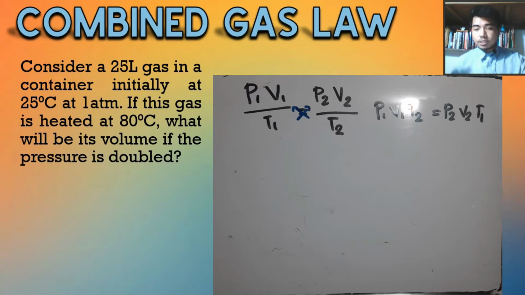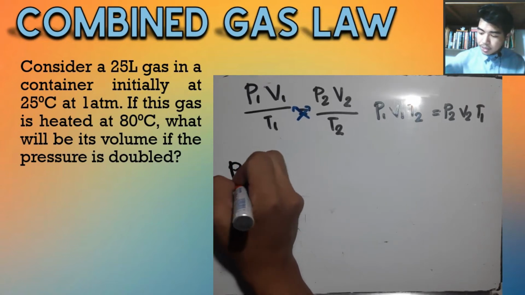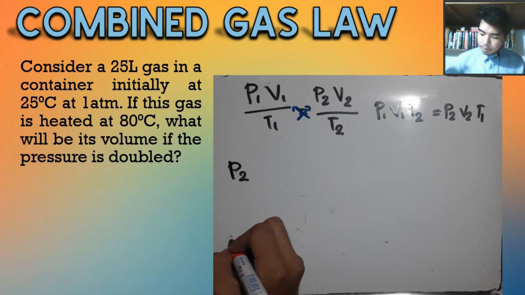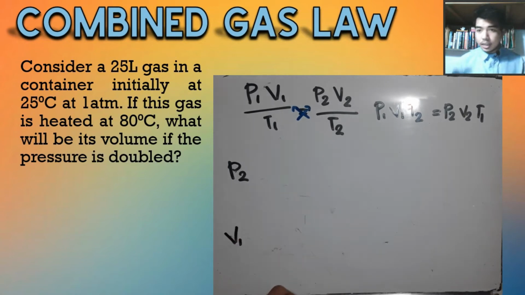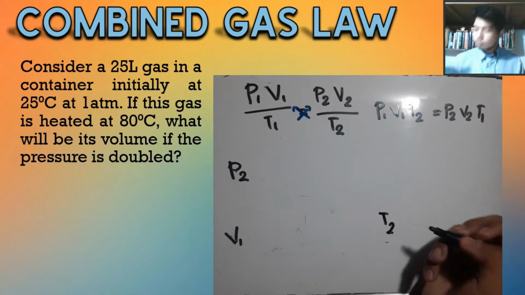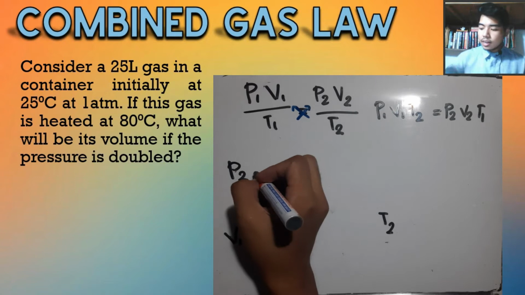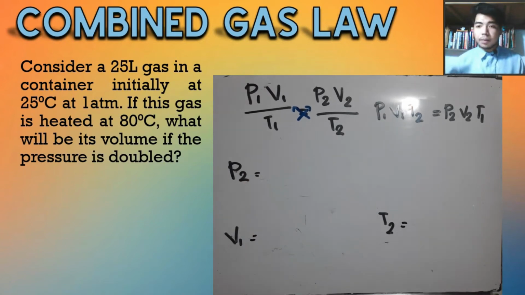Now, for instance, we are looking for the formula for P sub 2, then the formula for V sub 1, and the formula for T sub 2. How are we going to manipulate this formula? Let's start with P sub 2.